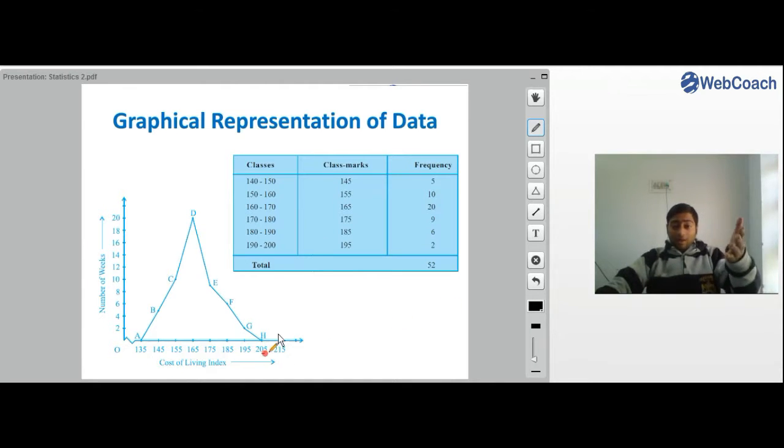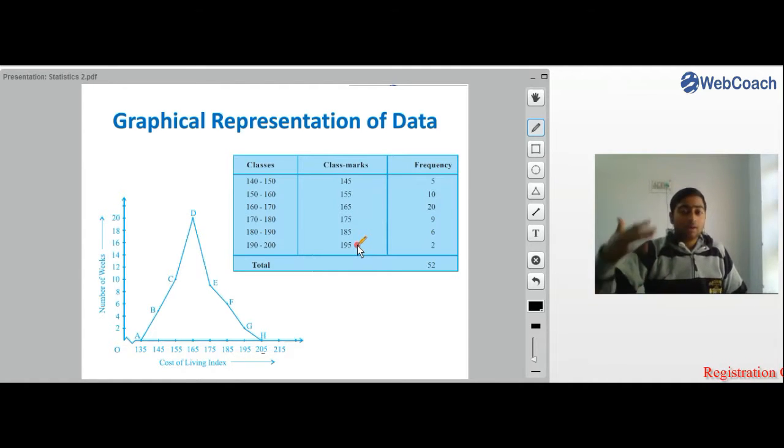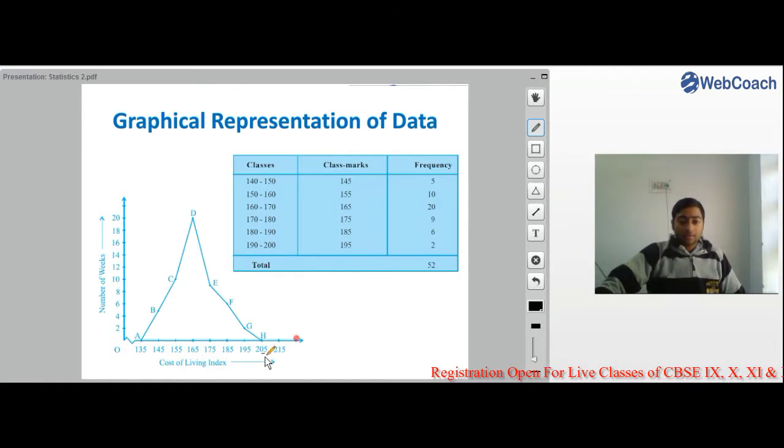Like here, the final point, as we have every class mark at an interval of 10, you can see the class marks are spaced equally, 145, 155, 165 and so on. The class marks are spaced equally, and therefore we can guess the next class mark. After 195, if the spacing is 10, the next class mark will come out at 205, right?